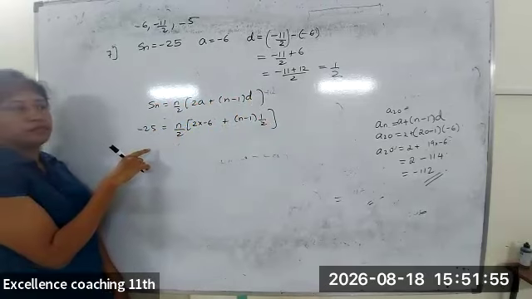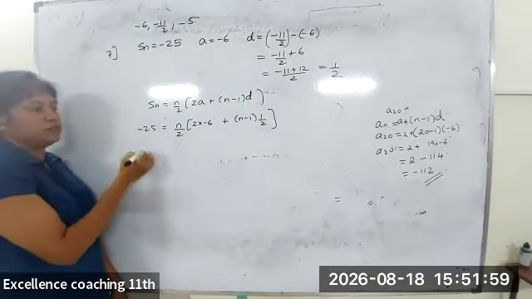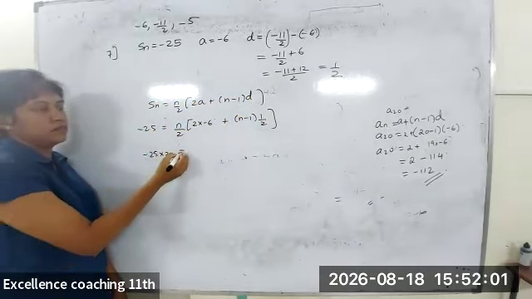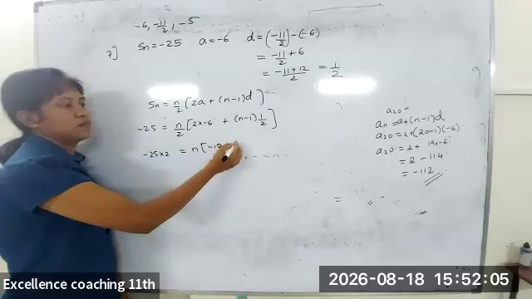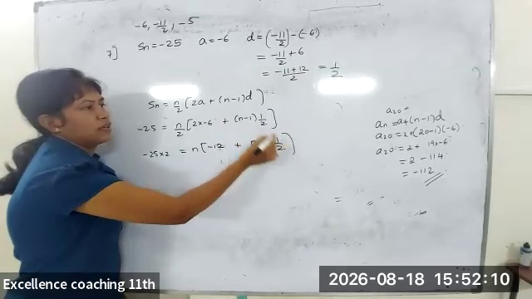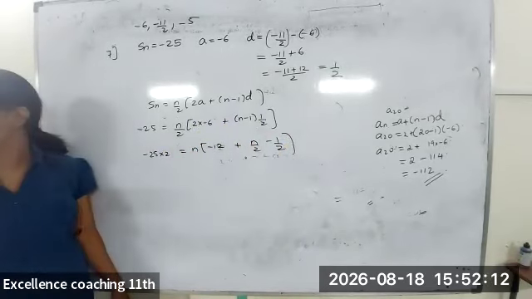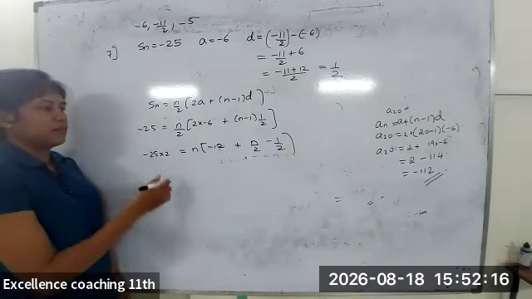First, you can cross multiply this 2 here. Half, so n/2. I can open up or you could cross multiply. There are various ways. Let's see at the end if you are getting the same answer.